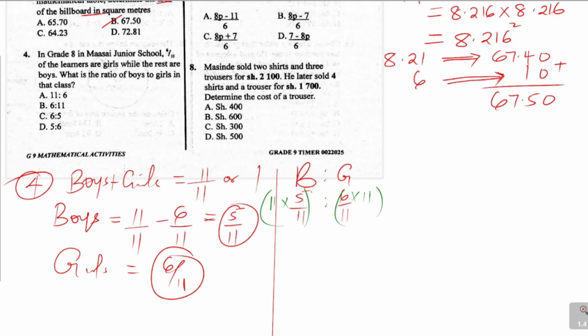So this will give 5 ratio 6, I'm sorry, 5 ratio 6, not 11. So once you divide out here, you'll be left with 5 ratio 6. So we go to the next question, that is question 5.